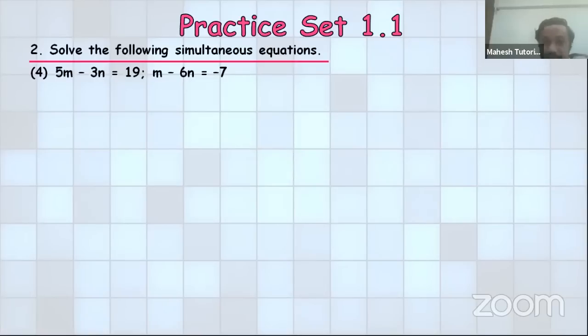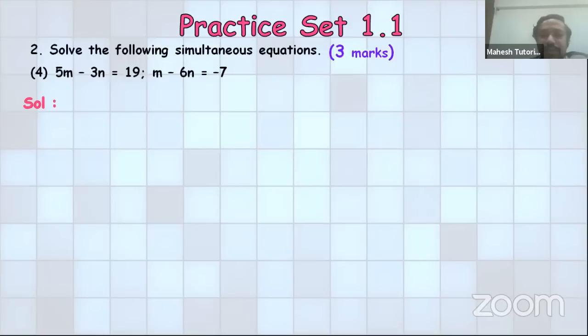M minus 6n is equal to minus 7. Which are the two variables in this equation? M and n. Perfect. Now, two equations are given and the question says that we are supposed to solve both these equations by using elimination by equating the coefficients. So let us start solving it by elimination by equating the coefficients.